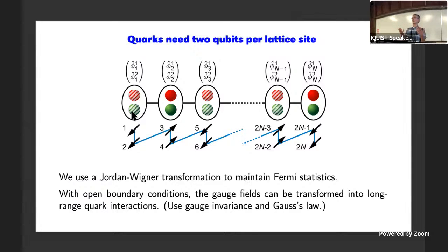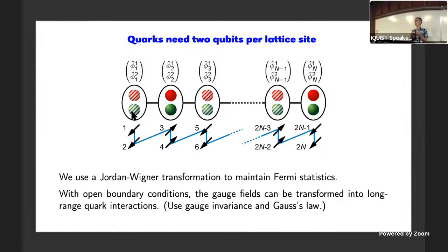Now, of course, in general, at this lattice site, we'll have some superposition of anti-red and anti-green. It may be a totally empty site. We may have both anti-red and anti-green, some combination of the four basis states discussed by those two qubits. Notice that we can never have a double amount of anti-red because that wouldn't obey Fermi statistics.